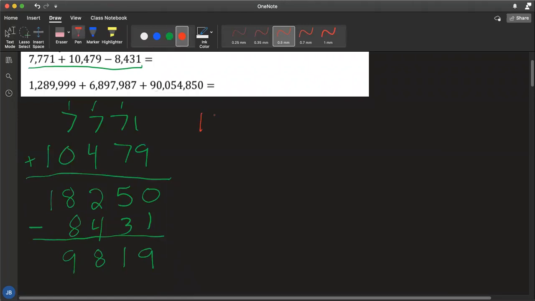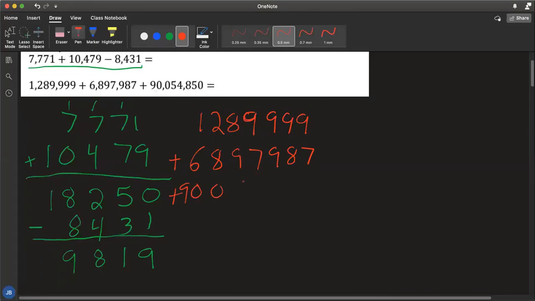So we have 1,289,999 plus 6,897,987 plus 90,054,850. Okay, and does anybody have the answer for this one?